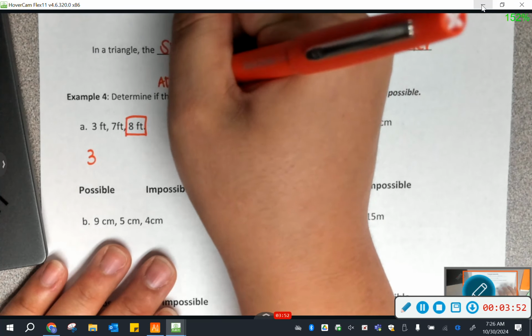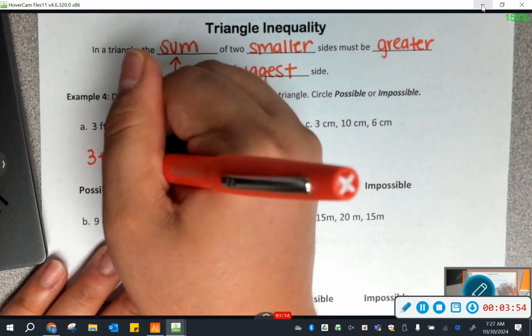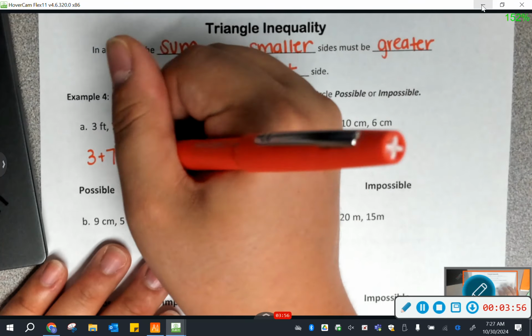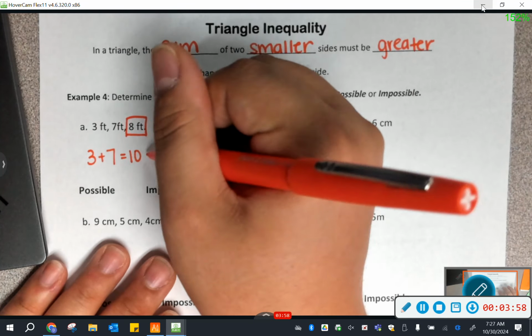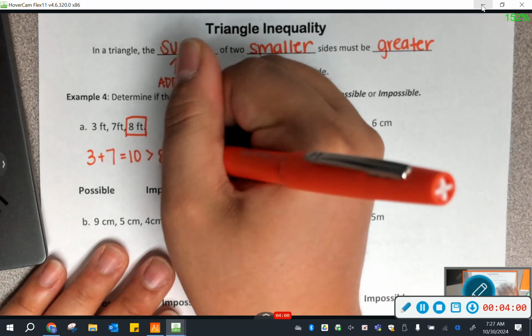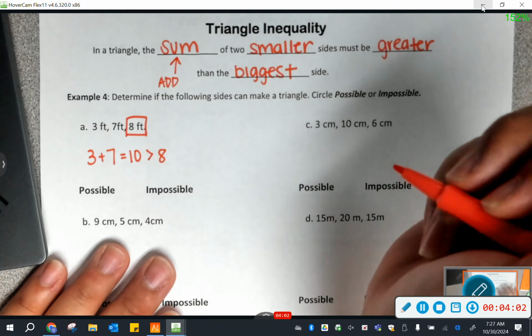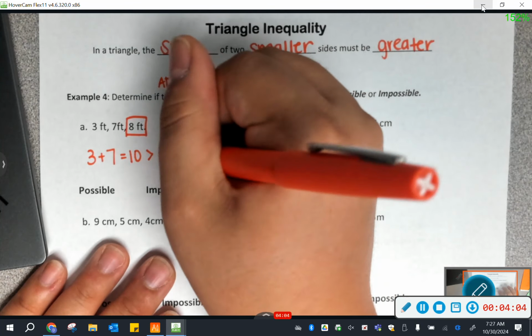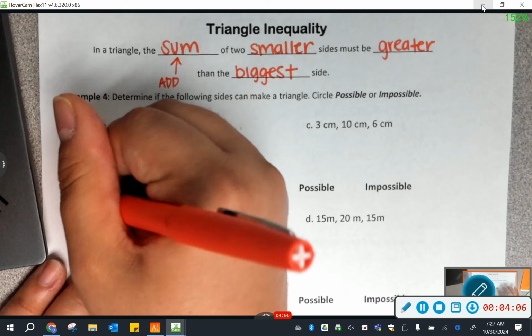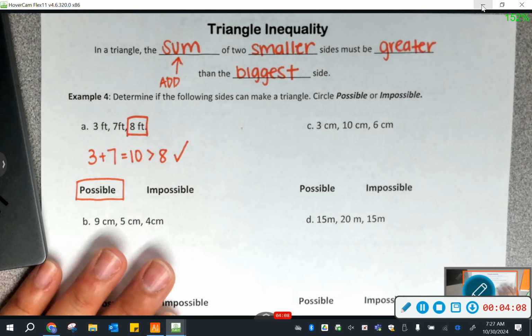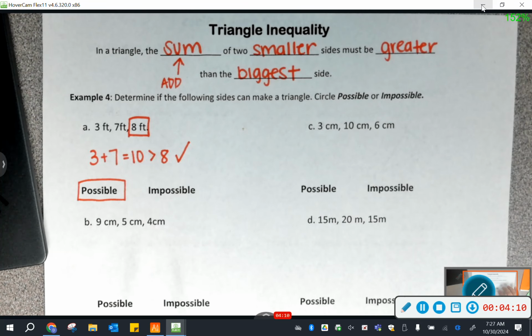Add. So I am going to add them. What is 3 plus 7? 10. Is 10 bigger than 8? Yes. So that means, I want you to box this word. That means it is possible to make this triangle. And that's how you do this.